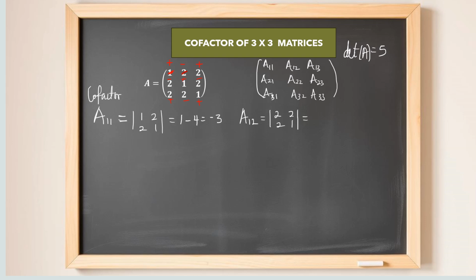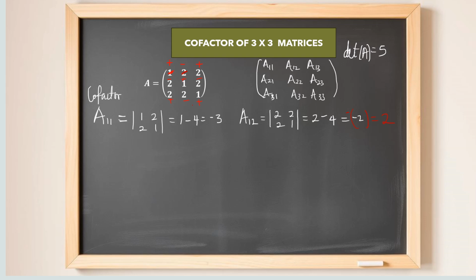So 2 multiplying 1, we have 2, minus 2 multiplying 2, we have 4. So this is going to give us -2. But recall, we have the negative sign here, so we have minus, and this gives 2.